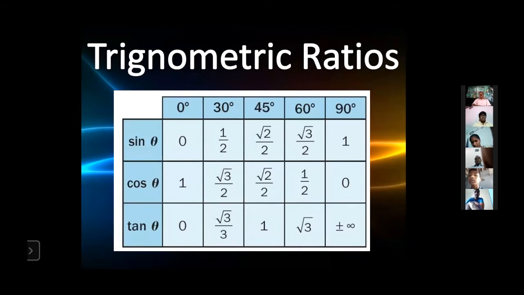Now next, 0 degrees, 30 degrees, 45 degrees, 60 degrees, 90 degrees. These angles are called primary angles. Already we know the values of sine theta, cos theta. I'm moving forward, okay friends? Okay.